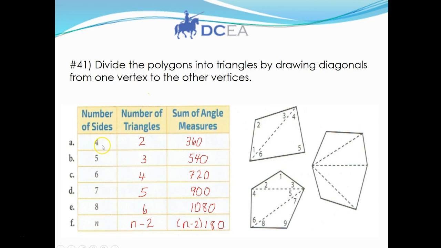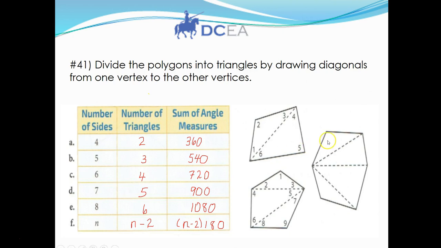So it has a number of sides, which are 4, the number of triangles, which are 2, and the sum of the angle measures. Well, 180 plus 180 is 360. Let's look at the pentagon here. Pentagon has 5 sides. If we divide it up using diagonals, we end up with 3 triangles. 180 times 3 is 540.